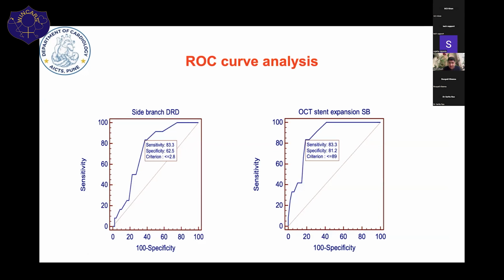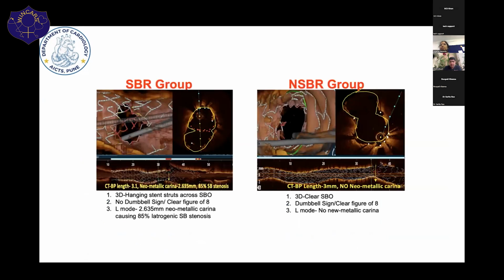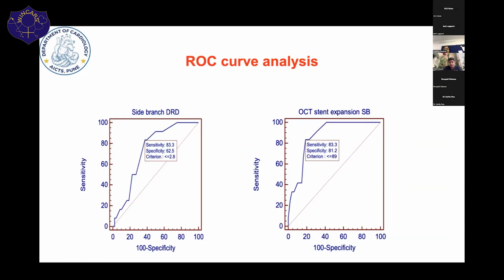When we did ROC curve analysis to find the cutoff values, the best cutoff value for the side branch distal reference diameter was less than or equal to 2.8 to predict side branch restenosis, and the best cutoff value for the side branch stent expansion was less than 89%, again to predict side branch restenosis. So, as these were two independent predictors of side branch restenosis, we cannot control the side branch distal reference diameter. But yes, we can improve our side branch stent expansion.